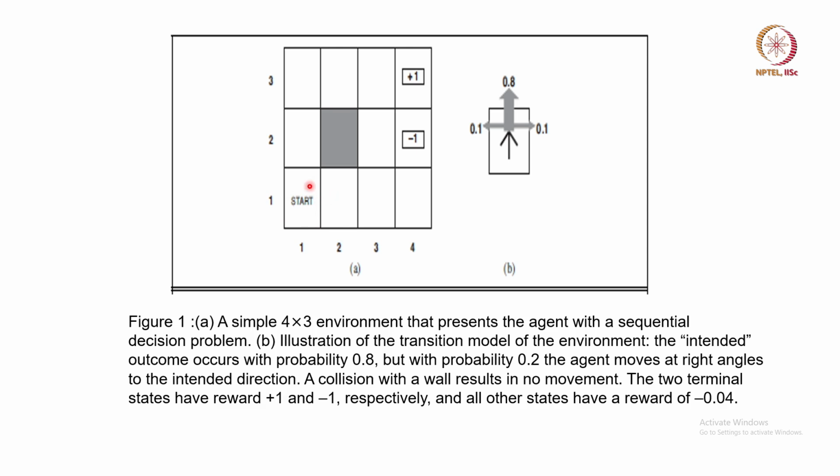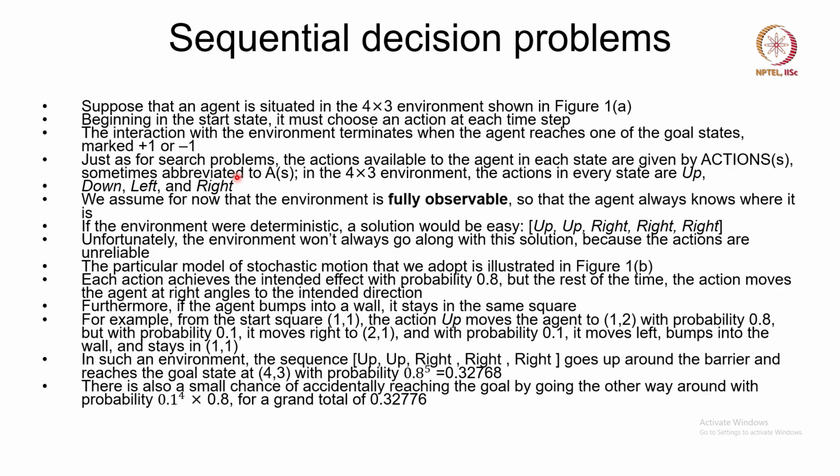And it has to take a sequence of decisions so that it comes to a terminal node. So there are two terminal nodes here. This is the terminal node which has a utility of +1 or a reward of +1, and we have the terminal node which has a reward of -1. So these are the two terminal nodes that we have. So how do you move through this? Okay. So that is what this particular problem is basically.